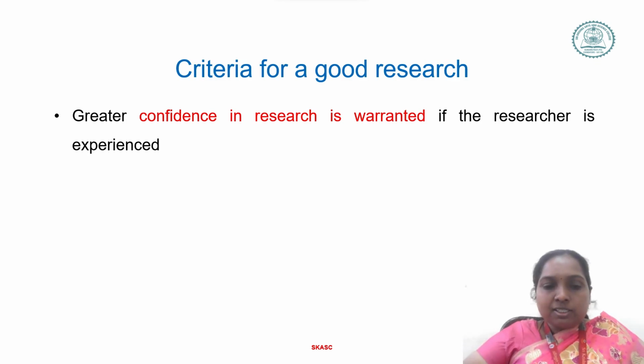The final one is that the confidence of the research is warranted, and this confidence level is acceptable, right? Only if the researcher is familiar with or experienced in the field of research will he be able to do confident research on various topics.